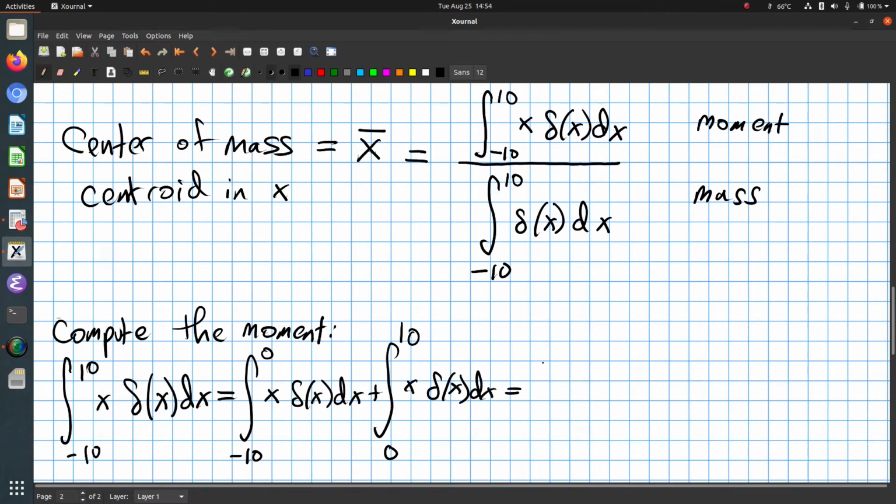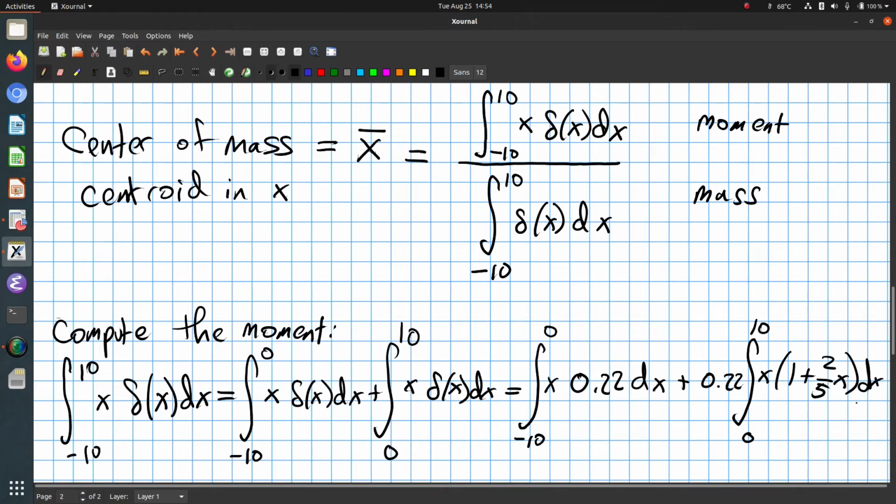The piece on the left, it's no longer a constant, although the density is constant. And I'll leave the units off. The one on the right has the same density out front and the same change in the density, same density formula, but now it's got an extra x.